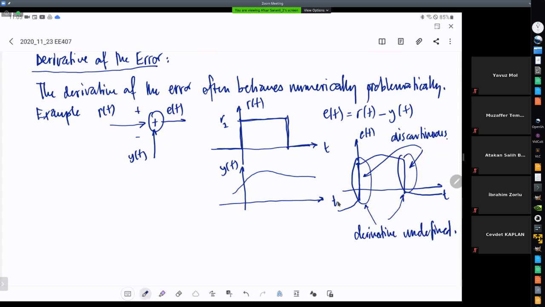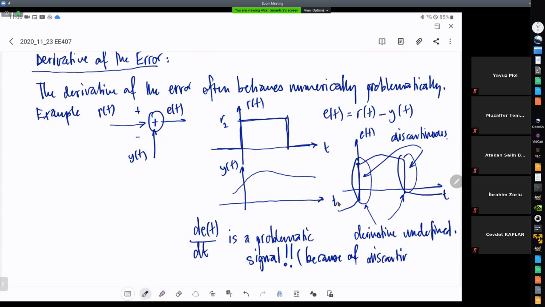So that means if you take the derivative of the error, and this is the behavior of the reference signal, in fact dE of t over dt is a problematic signal because of the discontinuities.